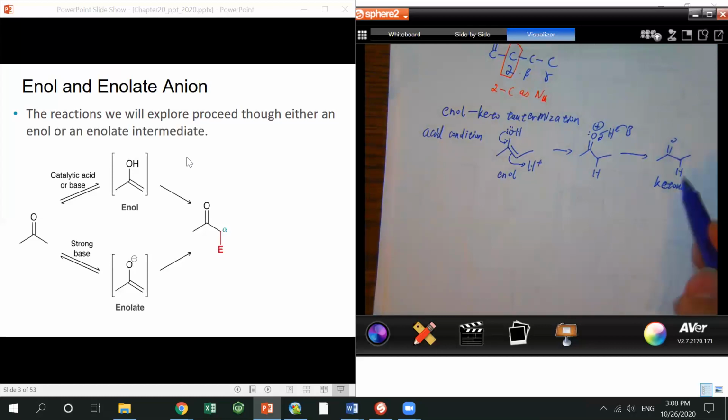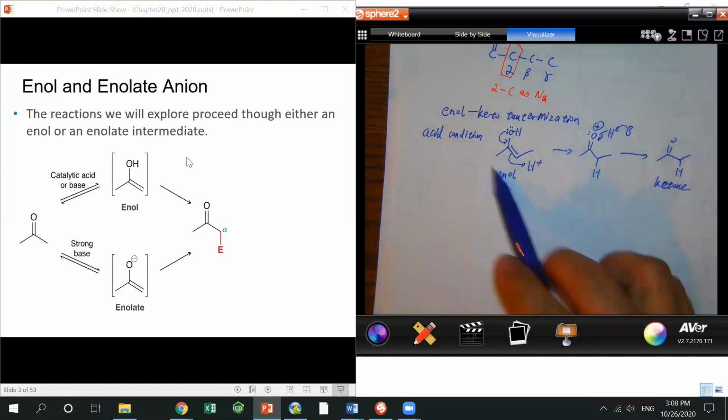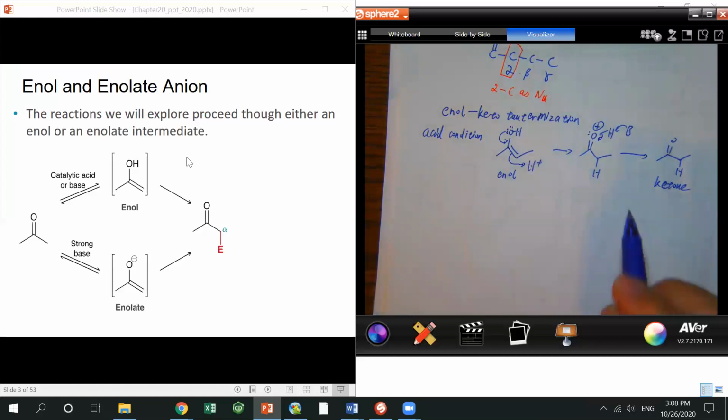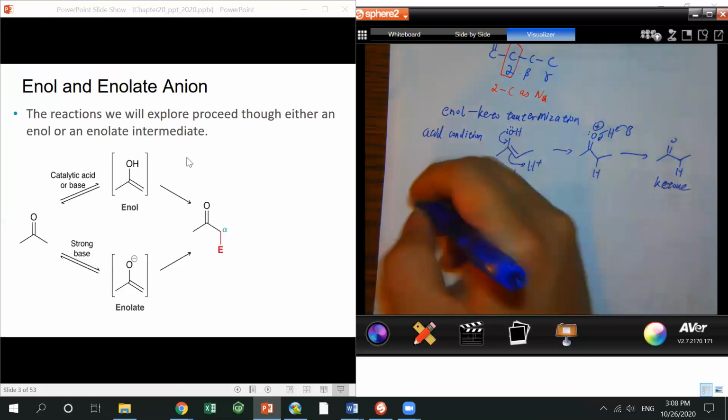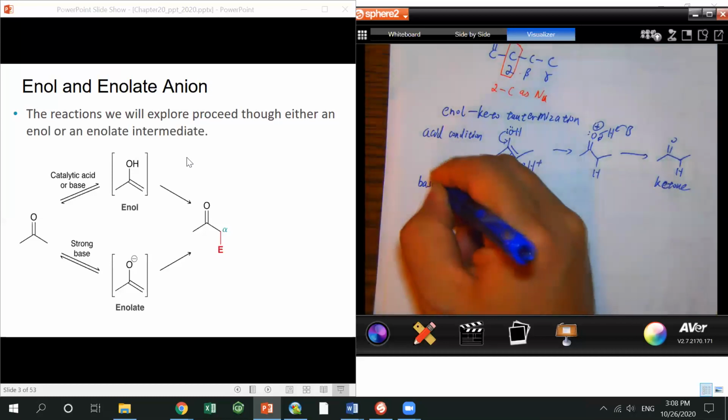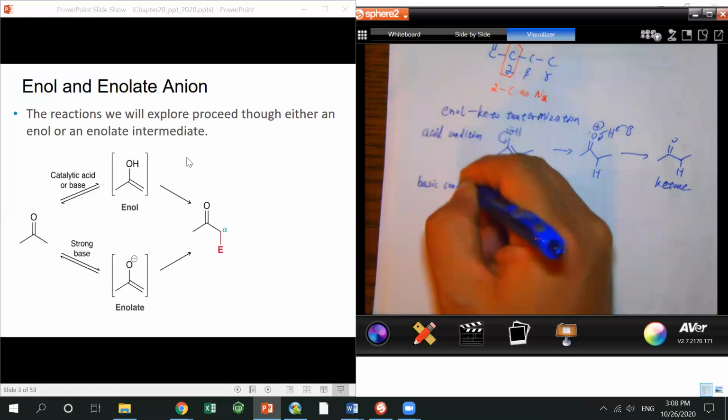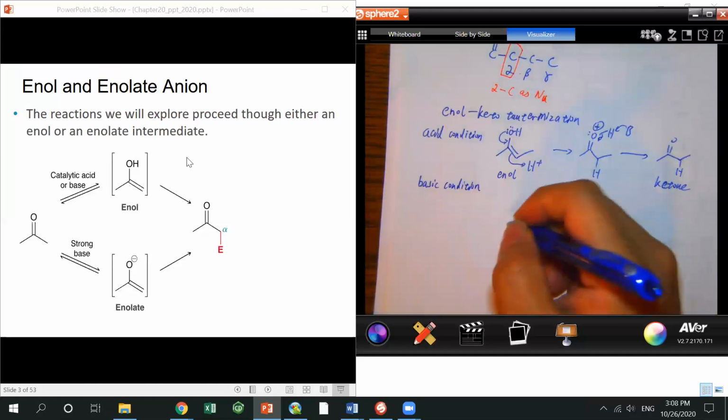So the acid condition involves the enol. But in the basic condition, keto tautomerization involves what is actually called the enolate.